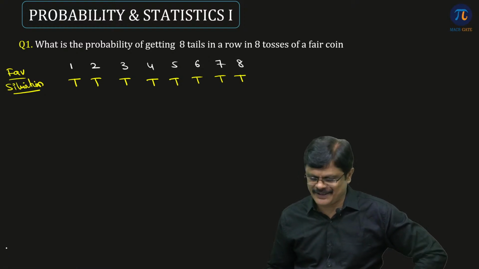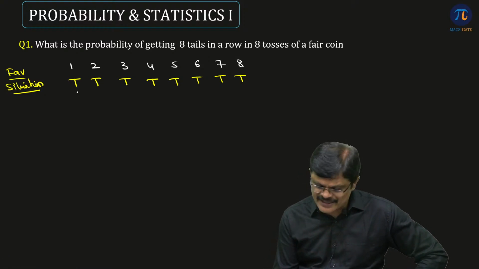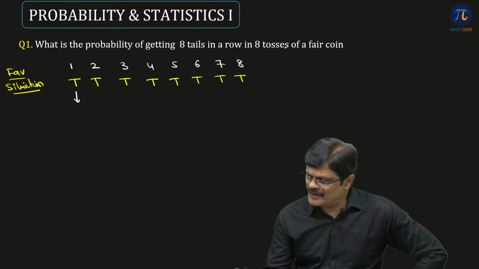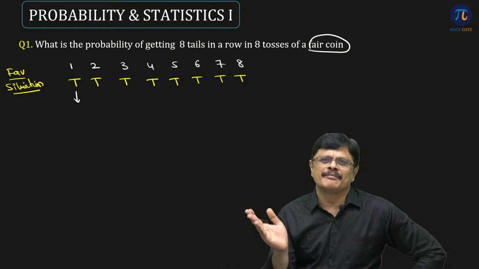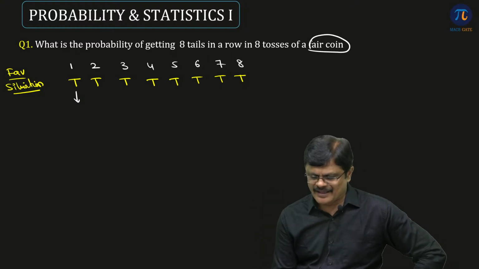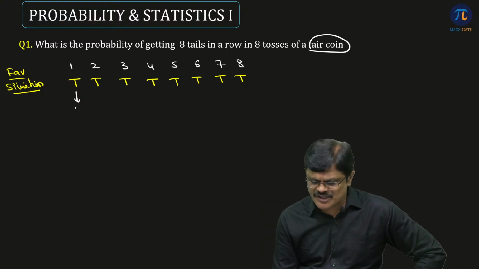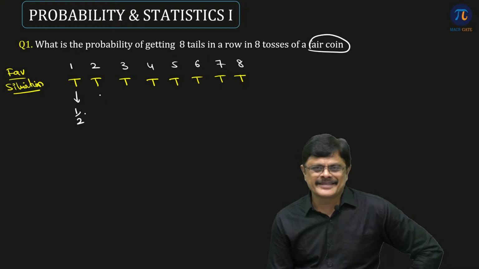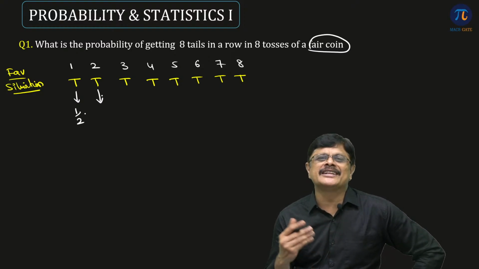Okay, so let us see this. So what is probability assuming the fair coin? Fair coin means probability of head and tail is same. So what is probability of tail in the first toss? 1 by 2. Given this, what is probability of tail in the second toss?